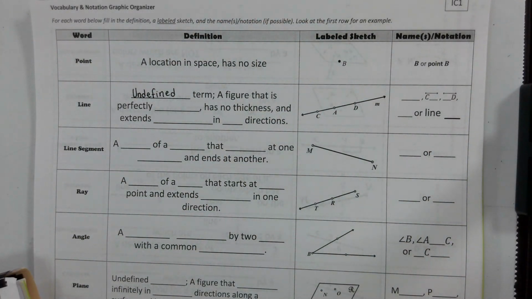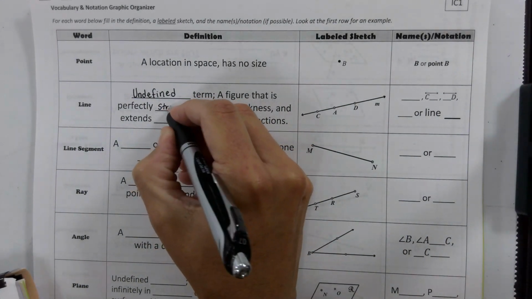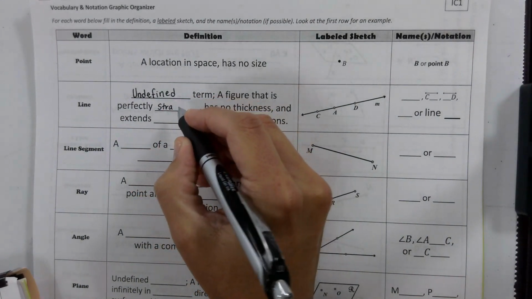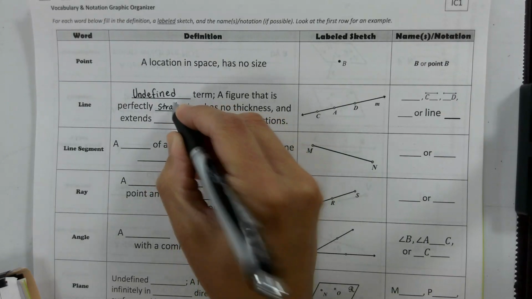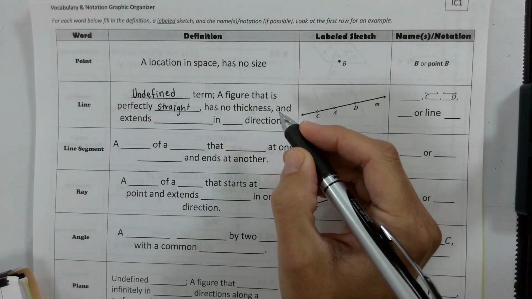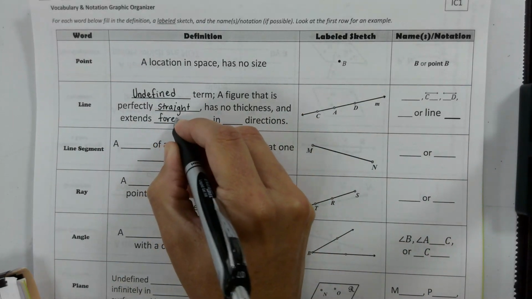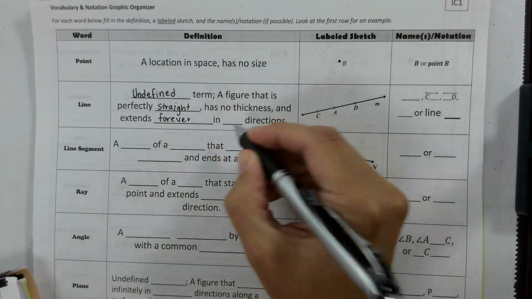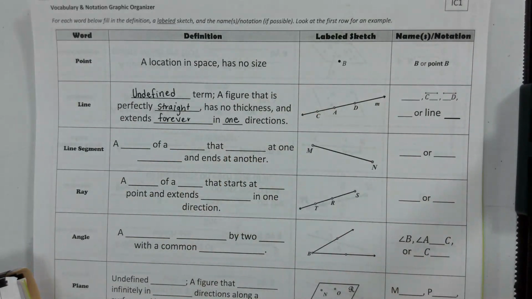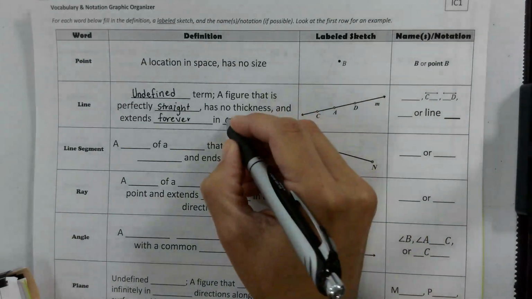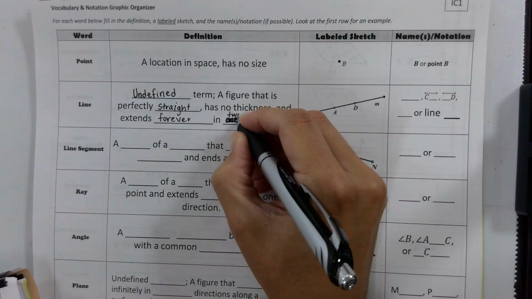It's a figure that is perfectly straight, has no thickness, and extends forever in two directions.